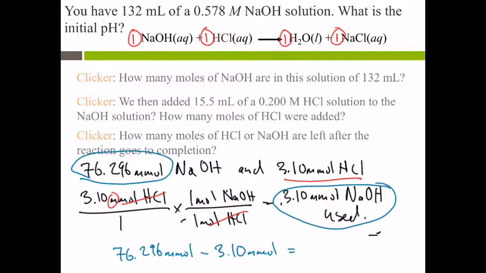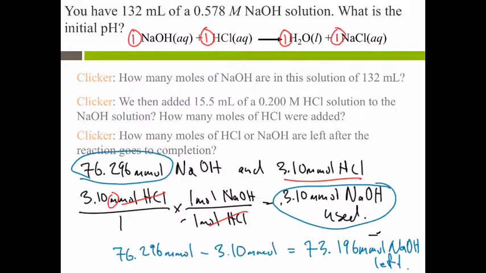So that means that we have 76.296 minus 3.10, which means we have 73.196 millimoles NaOH left. Great. The last question we're going to have to answer then is, what is the pH of the solution?